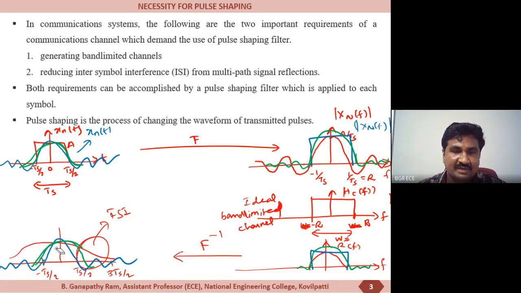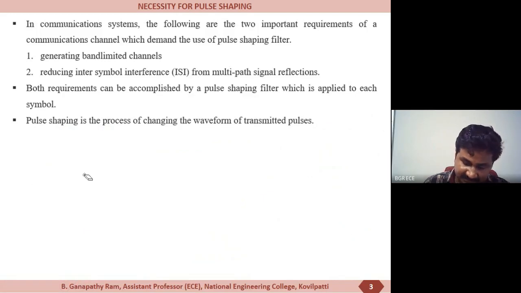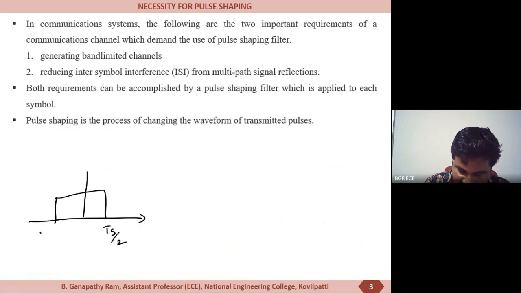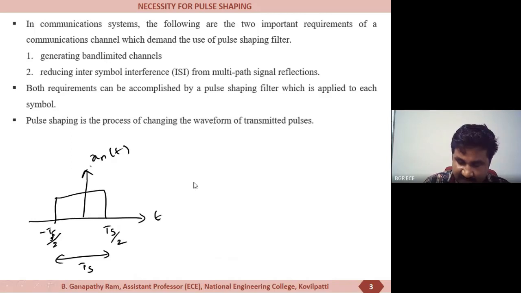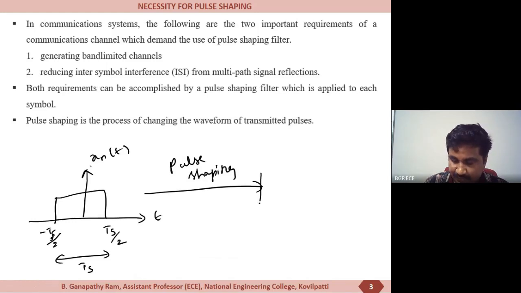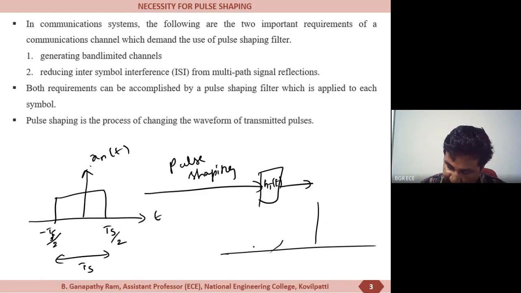That means a rectangular pulse which is represented between minus Ts by 2 to Ts by 2, whose duration is Ts, if you do pulse shaping, or if you pass it through Ht of t, you will get this kind of shape.